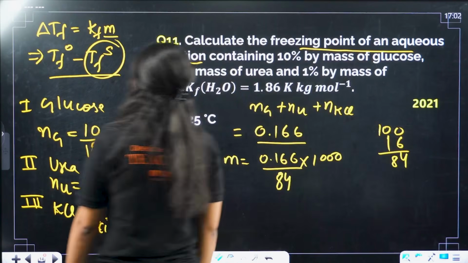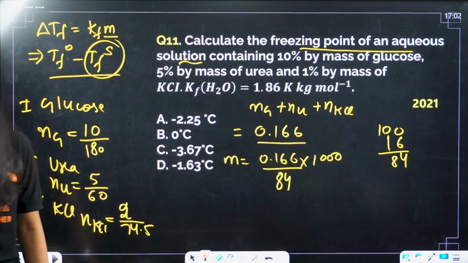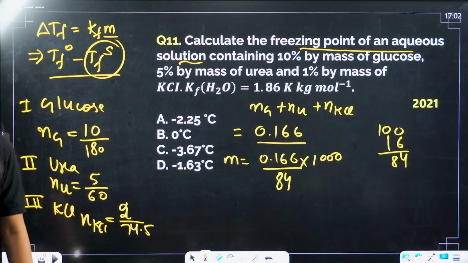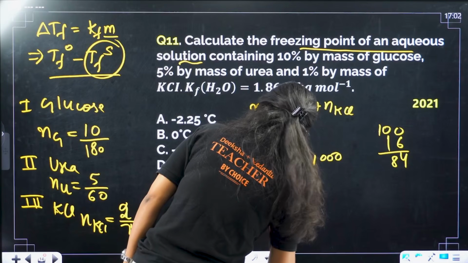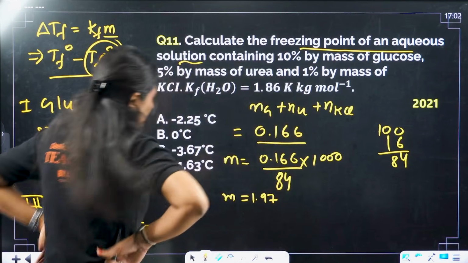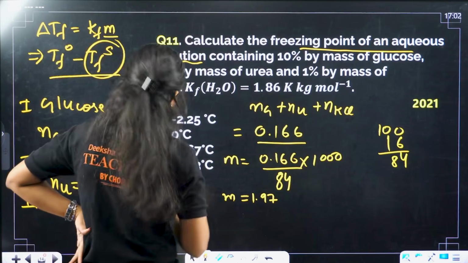That is your molality. If you calculate it, it will come out around 1.97.